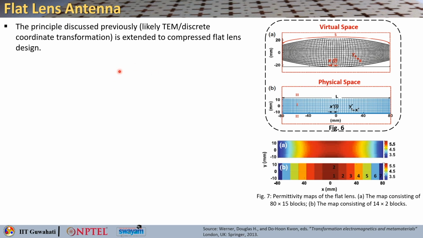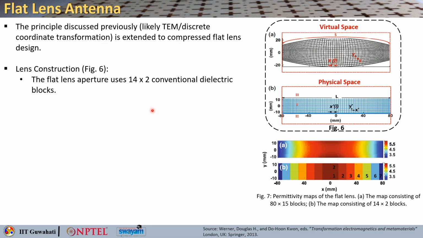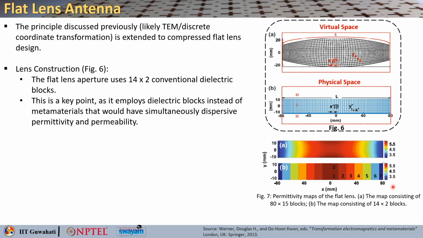The principle discussed previously, transformation electromagnetics or discrete coordinate transformation, is also extended to this compressed flat lens design. The flat lens aperture uses 14 by 2 conventional dielectric blocks. Here different colors tell you the maps of these different blocks. The first one has 80 by 15 blocks, so it is much smoother, and this one has only 14 by 2 slots, so you can see the colors more discretely.